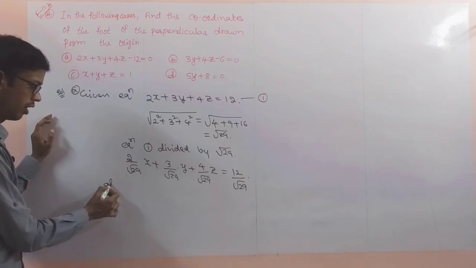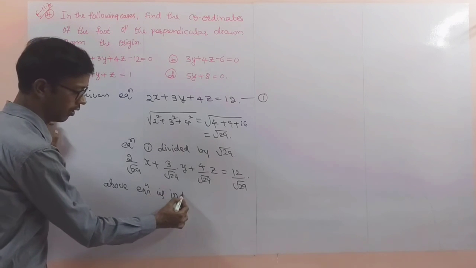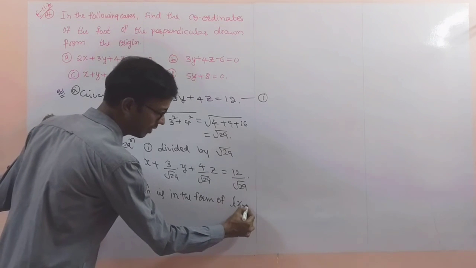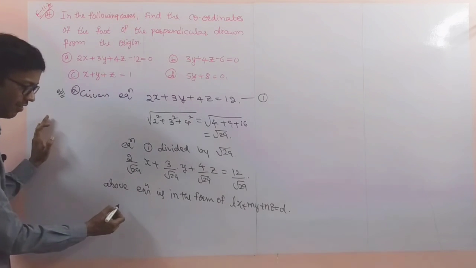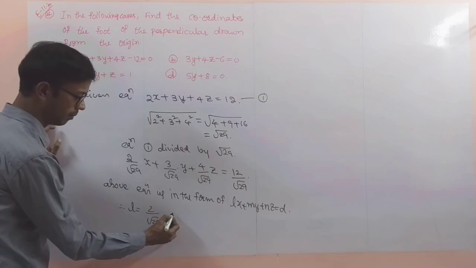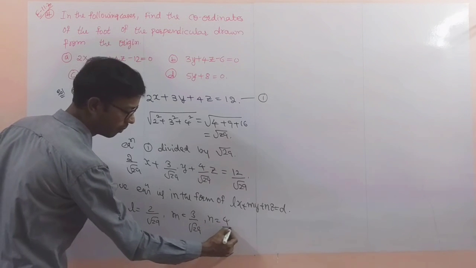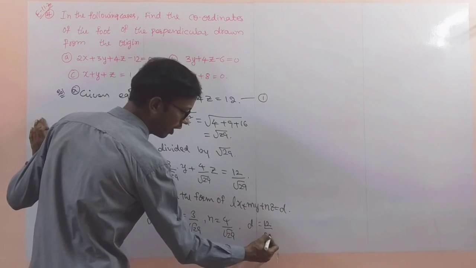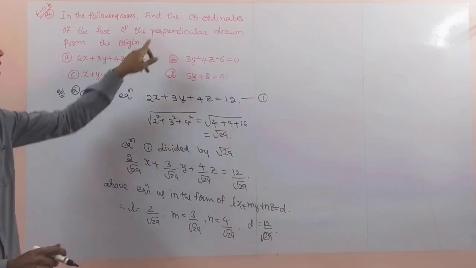This above equation is in the form of lx plus my plus nz equal to d. So what is the l value? Therefore l equal to 2 by root 29, m equal to 3 by root 29, n equal to 4 by root 29, d equal to 12 by root 29. Now you have to find the foot of the perpendicular.